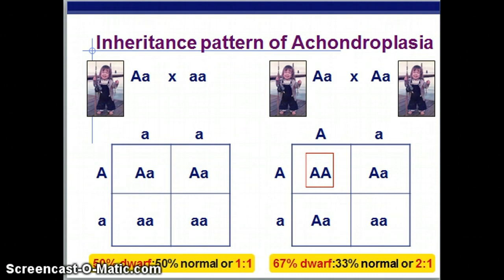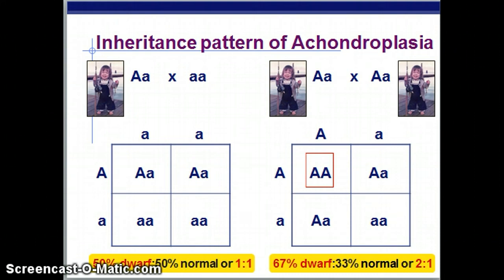So the inheritance pattern of dwarfism looks a lot like this. If we have a parent who is big A, little a, or heterozygous, and it crosses with a homozygous recessive individual, then you end up with this first cross on the left, which gives you 50% dwarf, 50% normal. So you have a 1-to-1 ratio.